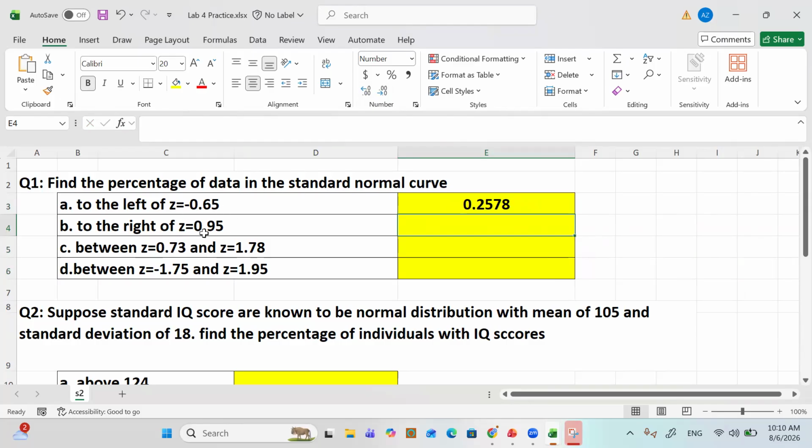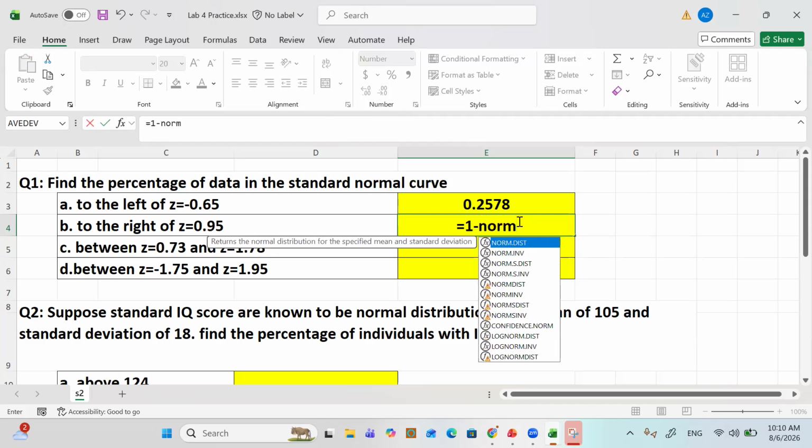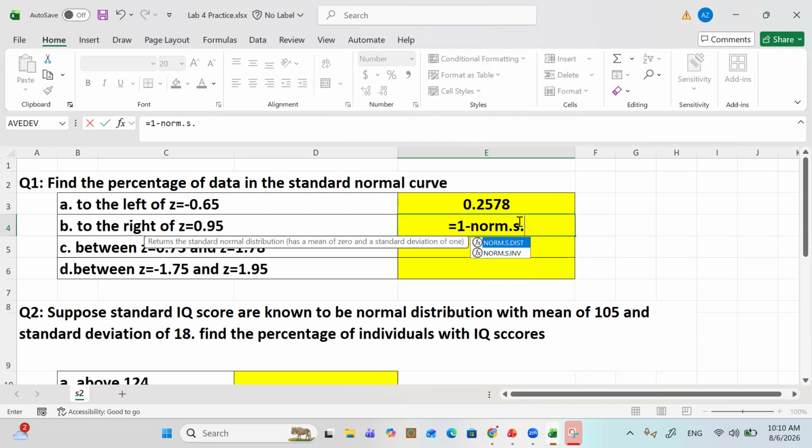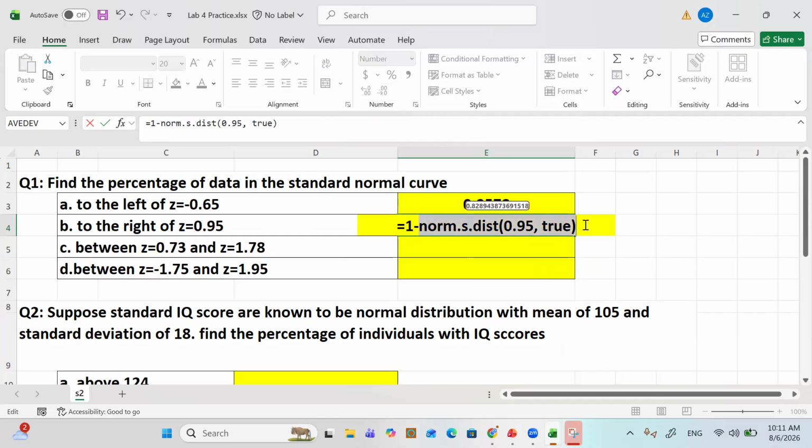Since it's the area to the right, you do 1 minus the area to the left. So again, NORM.S.DIST, putting 0.95, accumulating everything to the left. Close parentheses. This part is the area to the left, and 1 minus that gives us the area to the right. Hit enter and you get the result.